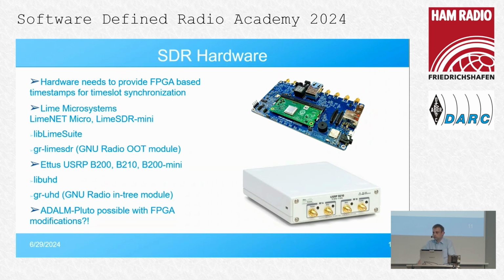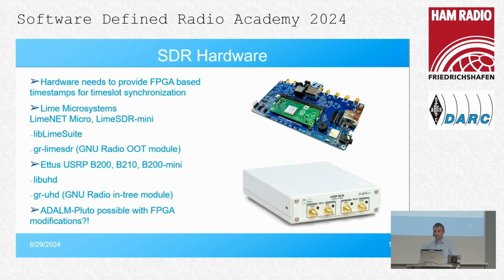I've tried to use these 2 transceivers mainly, so the Lime Microsystems LimeNET-Micro, also possibly the Lime SDR Mini, and the Ettus USRP. There are several bus variants which all should work as well. And these devices are supported by GNU Radio modules, GNU Radio Lime SDR and GNU Radio UHD.